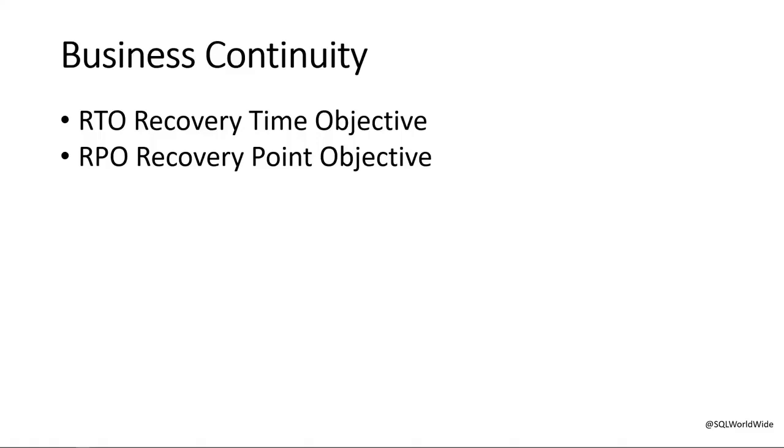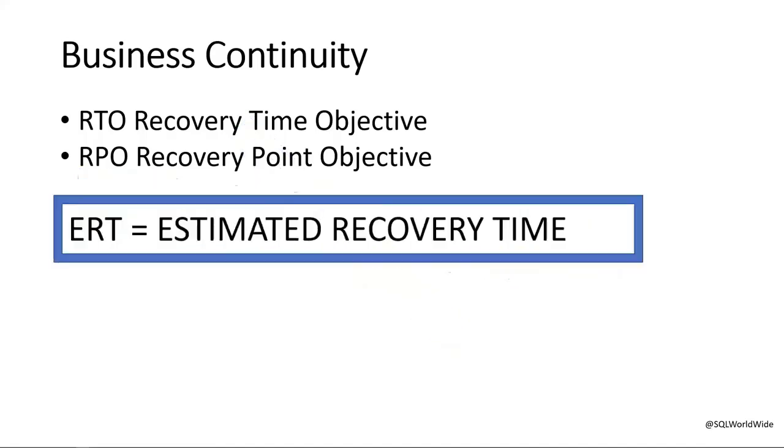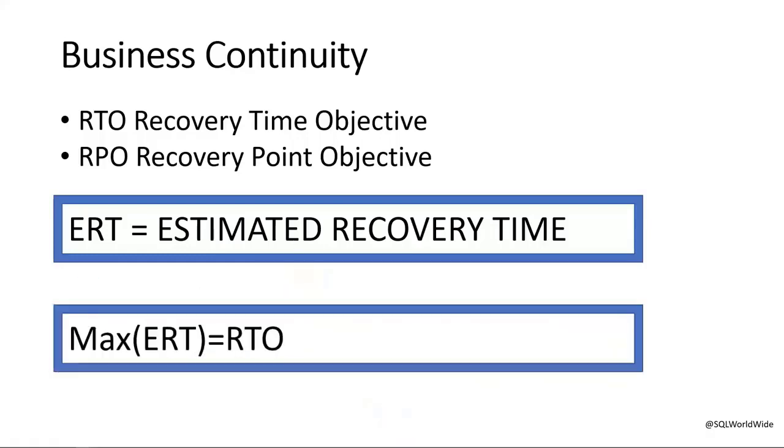But there is a newer concept that we did not know before, called ERT, which is estimated recovery time. The max ERT is the same as your recovery time objective.